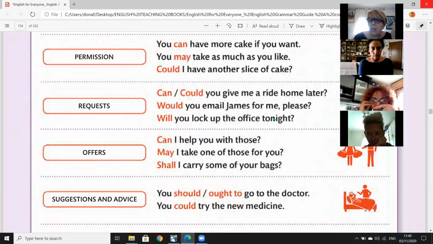Actually, you can use one or the other. It's just up to you. Consider that you're doing the same in your native language, because it seems easy to you because they come out naturally. So in Italian, you say, mi potresti dare un passaggio? Scriveresti un'email a James da parte mia, per favore?